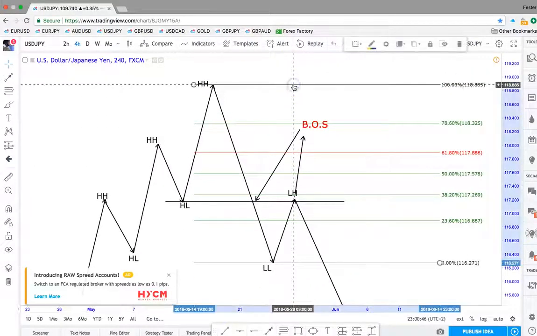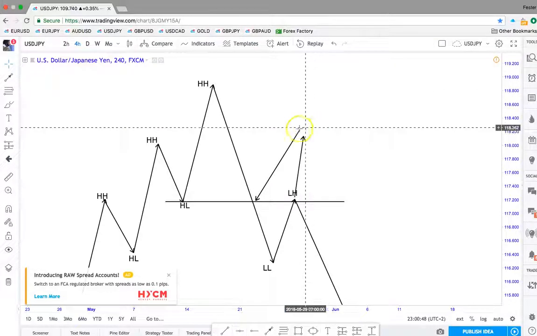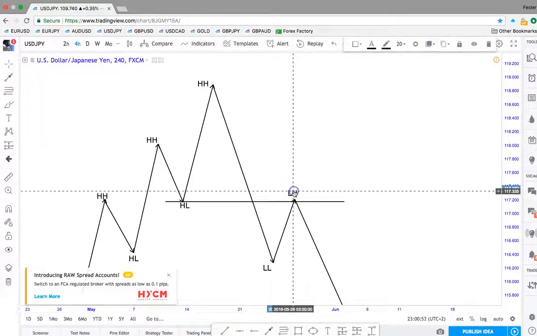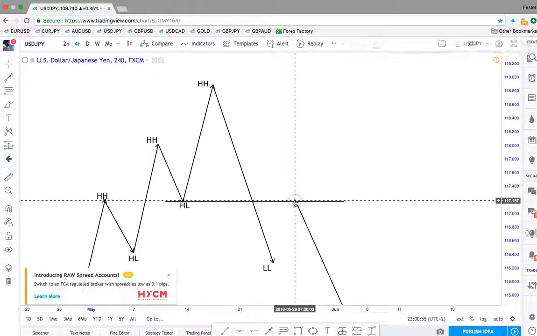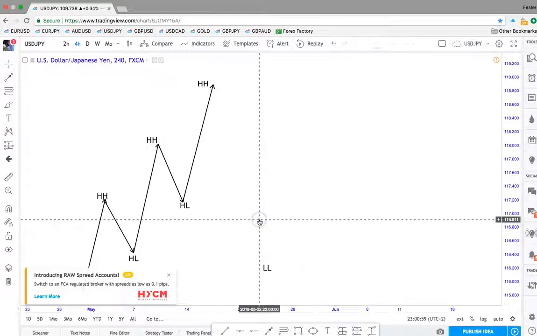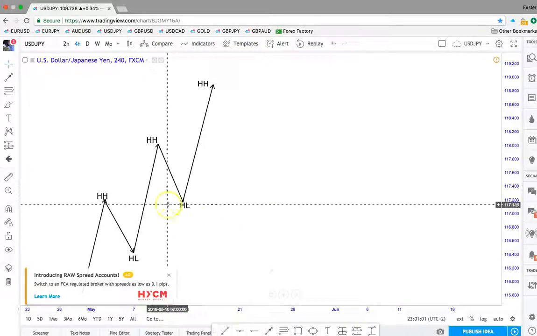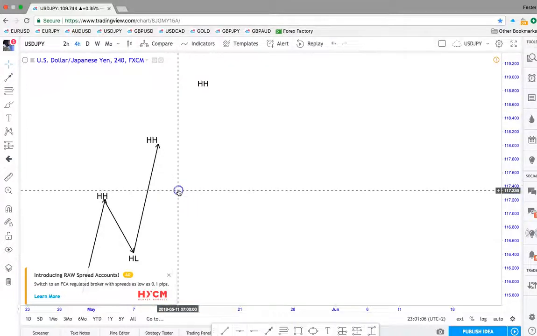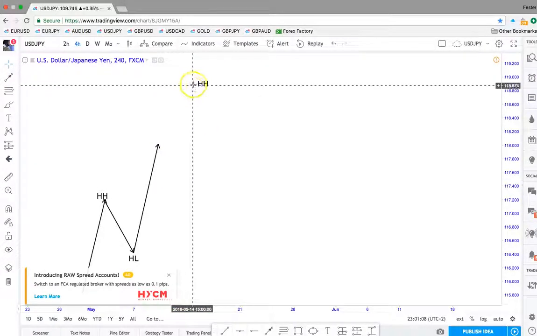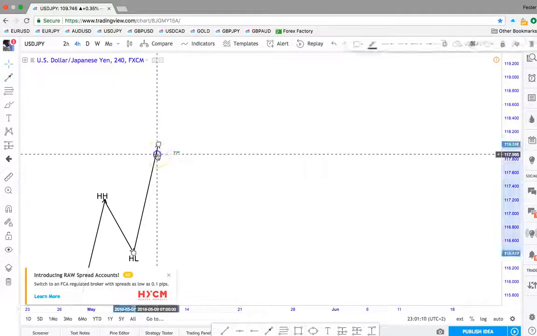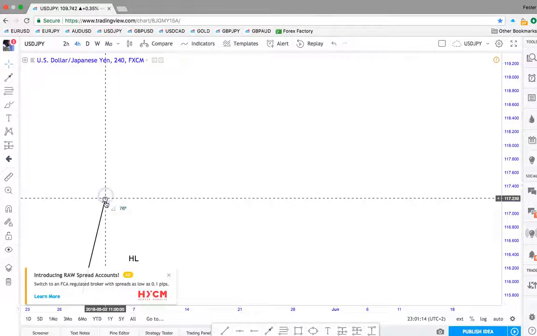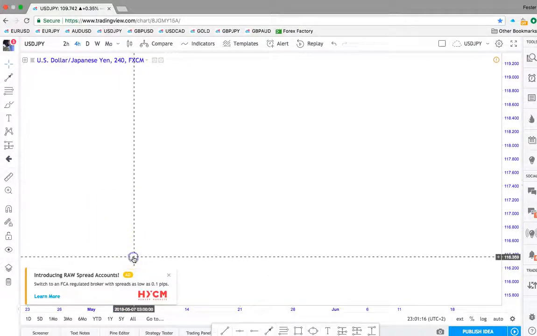So now let's draw a not so convenient market structure, something that might throw your eye out. Let's just delete all of this quickly. Cool.